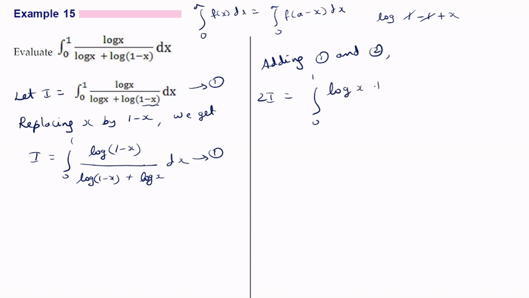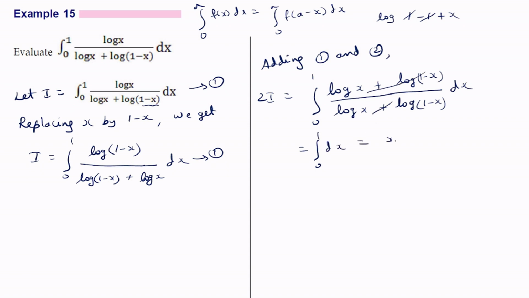It becomes log x plus log 1 minus x upon log x plus log 1 minus x dx. So this becomes integral 0 to 1 dx. It is x with the limits 0 to 1, so it is 1 minus 0. We get 2I as equal to 1. So I will be equal to half. So this is the value of I.